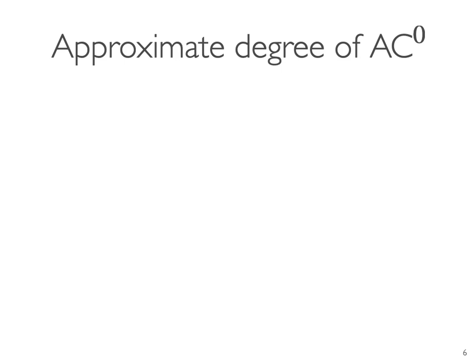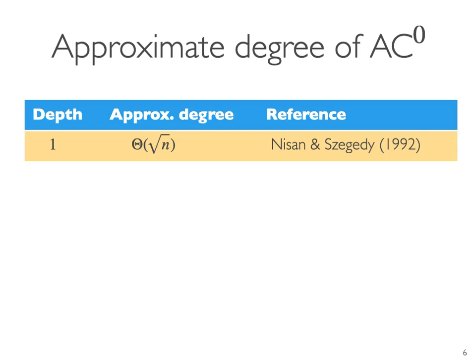In view of these complexity theoretic and algorithmic applications, it has been an important open problem to determine the maximum approximate degree of an AC0 circuit. For circuits of depth 1, the answer was given by Nisan and Szegedy, who proved a tight lower bound of root n.